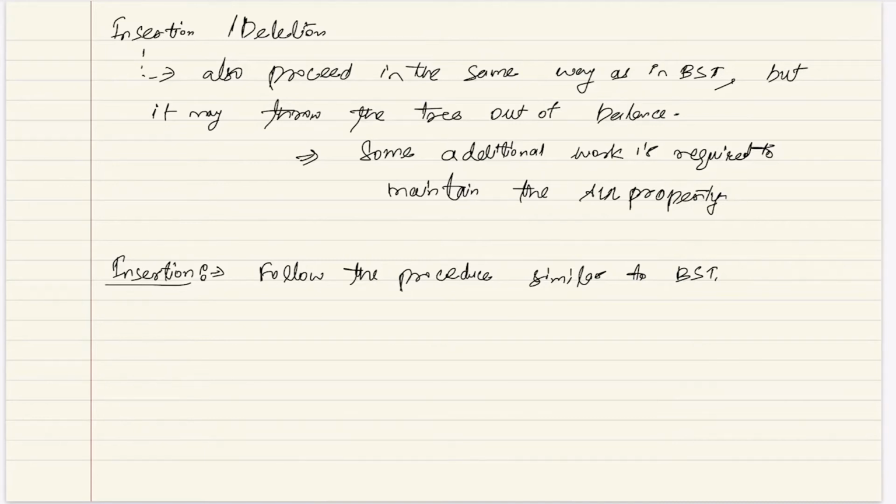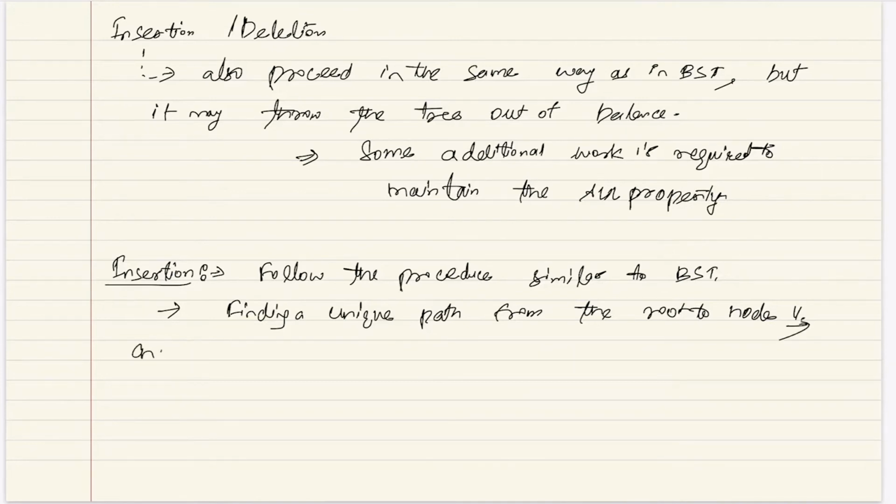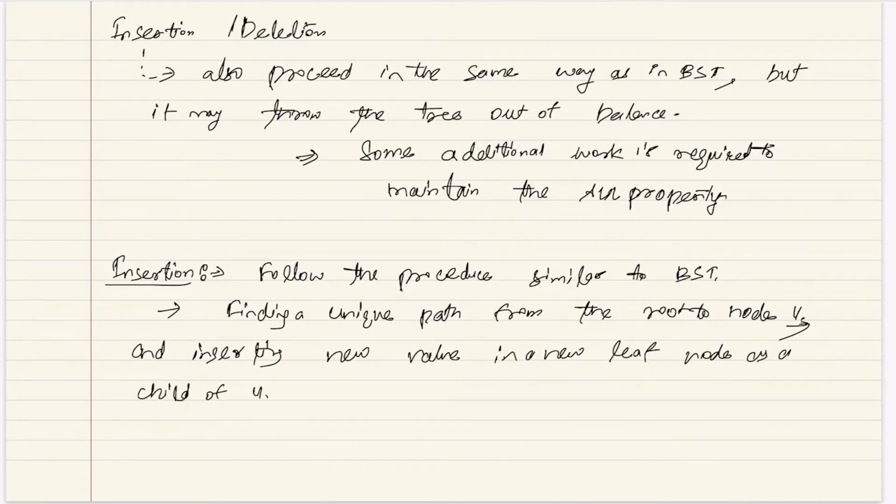That means finding a unique path from the root to node U, the node where you expect to go but you find nil. Then you insert the new value in a new leaf node as a child of U. Yes, so that is what you do.